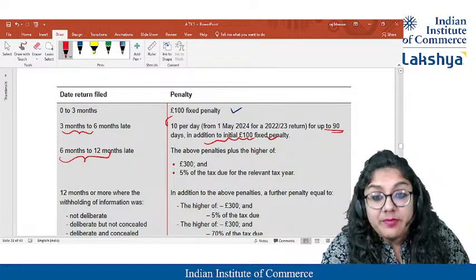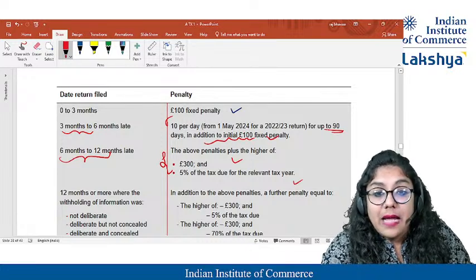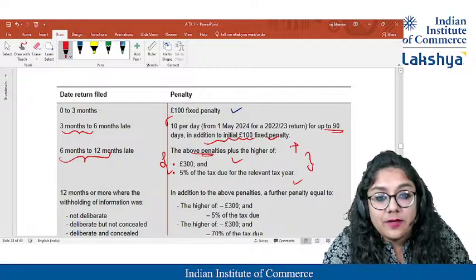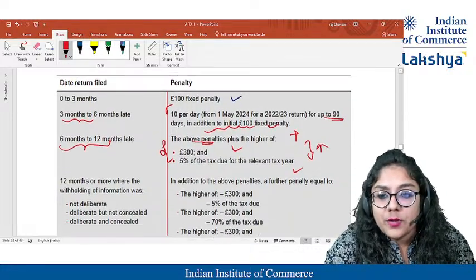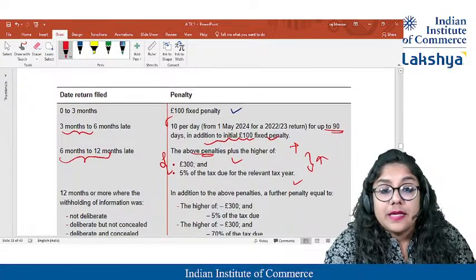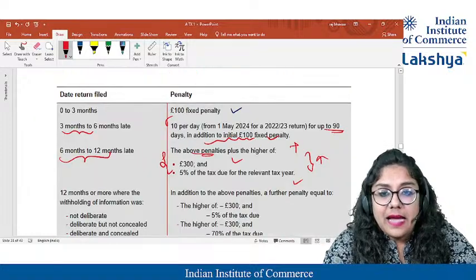From 6 to 12 months, the penalty is £300, and the above penalty is plus the higher of certain amounts. If it's 12 months or more and you have not yet paid the taxes, you have to pay a further penalty, the higher of so and so.